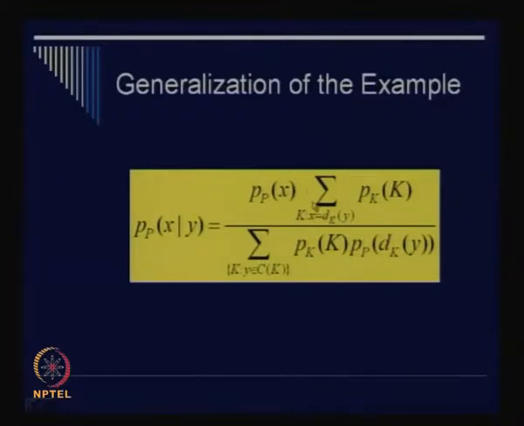And your interesting case is the fact that your x has occurred as the plain text, and you essentially multiply them with all possible keys, which essentially takes you from the value of x to the value of y, right? So therefore this is exactly what we have seen in the previous example. Okay, is this generalization clear to us?